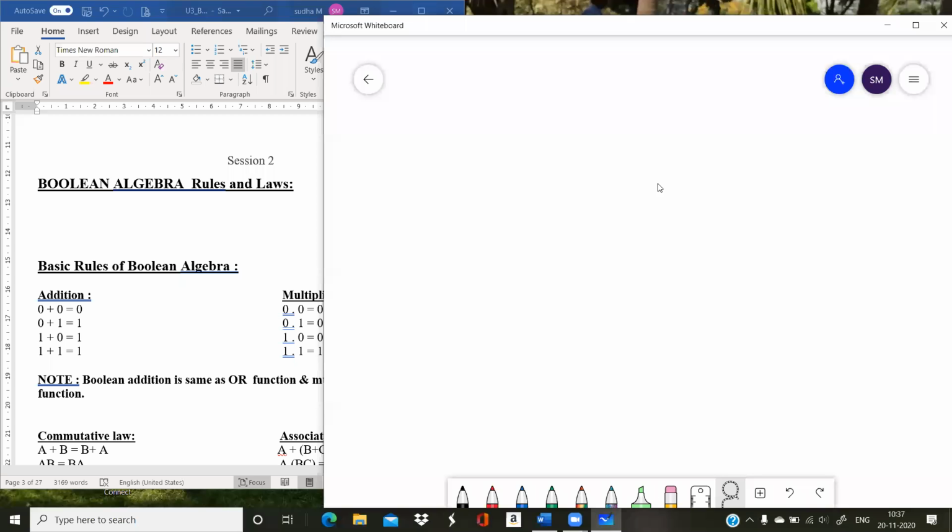Well, so let us start with Boolean algebra rules and laws.